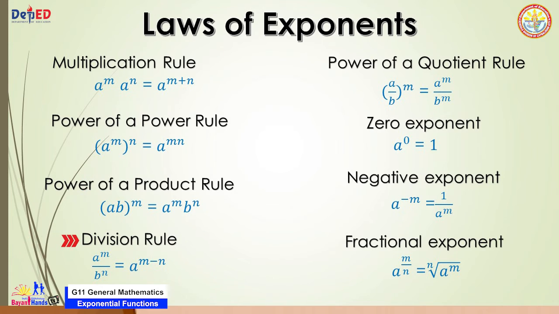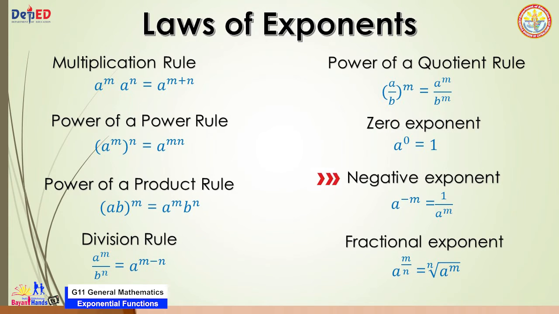Division rule. a raised to m divided by a raised to n is equal to a raised to m minus n. Power of a quotient rule. a divided by b raised to m equals a raised to m divided by b raised to m. Zero exponent. a raised to 0 is equal to 1. That is, any number raised to 0, the answer is 1.